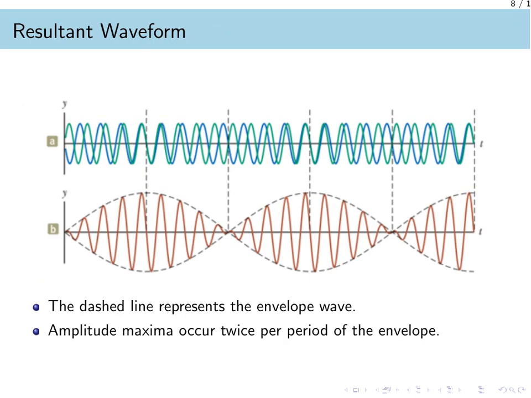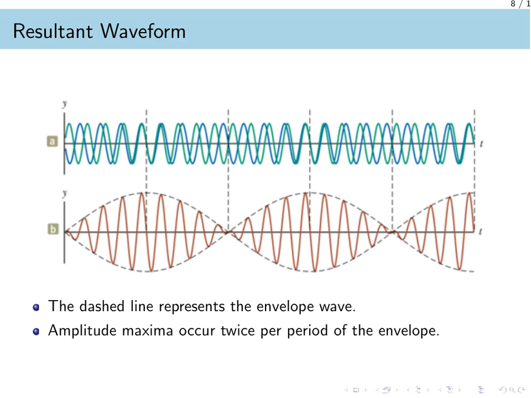The visual representation of this resultant waveform helps clarify the concept. In the top graph, you can see the two individual waves of different frequencies shown in blue and green. When they are added together, they produce the red wave shown in the bottom graph. Notice the dashed line tracing the outer edges of the red wave. This is the envelope wave.